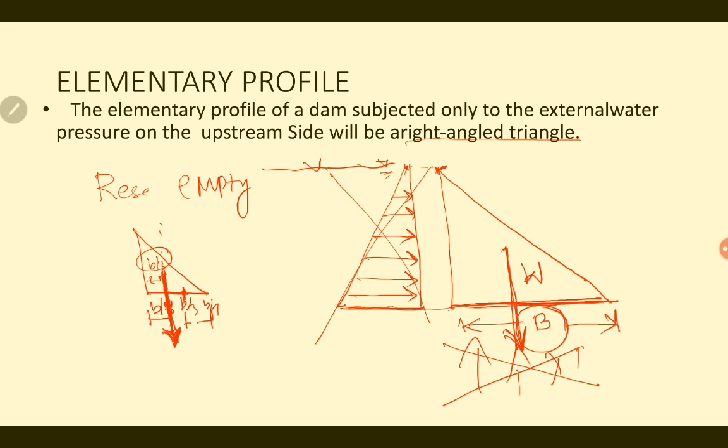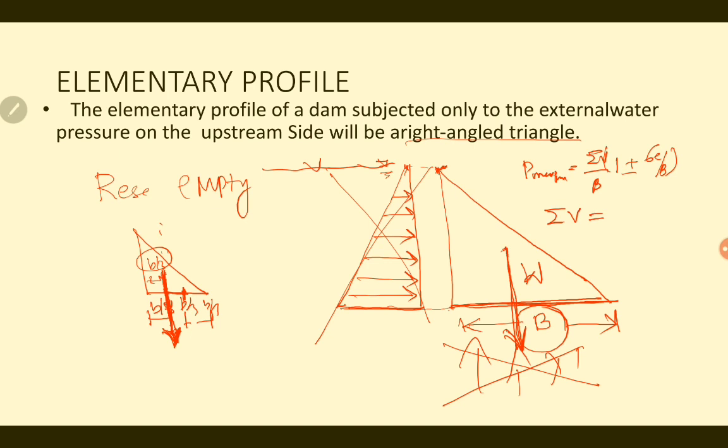Now we will find out the vertical stress distribution at the base when the reservoir is empty. You know that P max and P minimum are equal to sigma V by B times 1 plus or minus 6E by B. So P max is sigma V by B times 1 plus 6E by B, and P minimum is sigma V by B times 1 minus 6E by B. What is the sigma V value here?